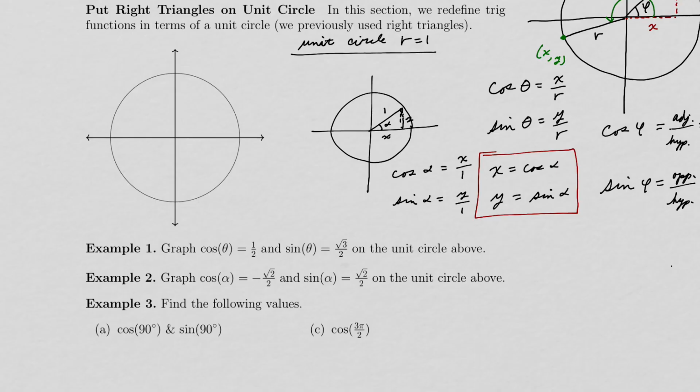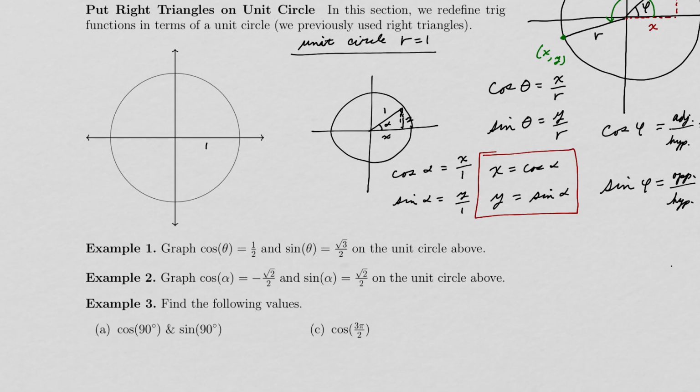Let's go back to the original circle that was already drawn for us here. Let's see if we can answer these questions. It says, graph the cosine of theta equals 1/2 and sine of theta equals radical 3 over 2 on the unit circle above. First of all, it's a unit circle, so we know that this radius is equal to 1.